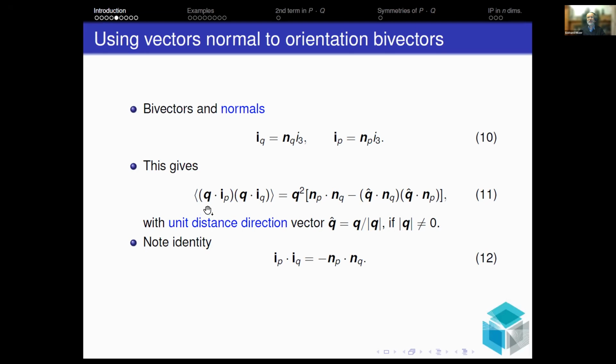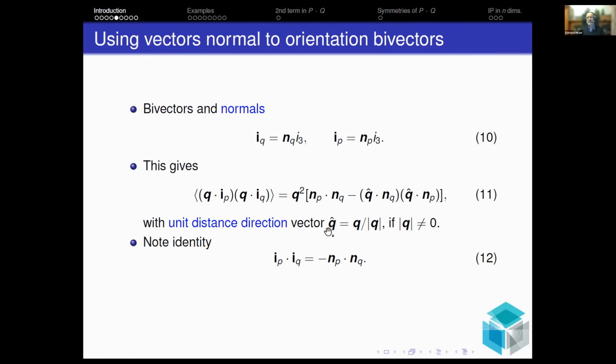And if you insert this, then the second term we had in equation 9 can be expressed with NP dot NQ minus q hat dot NQ times q hat dot NP, and this is just a scalar term in square brackets.